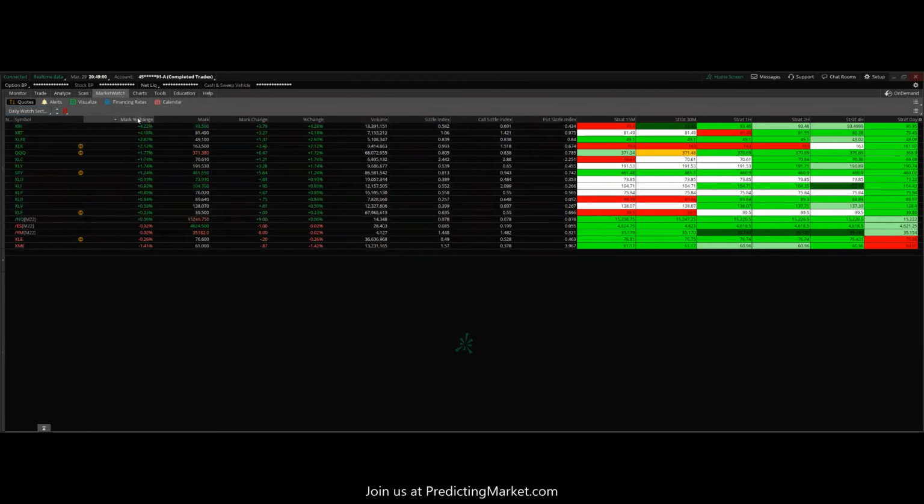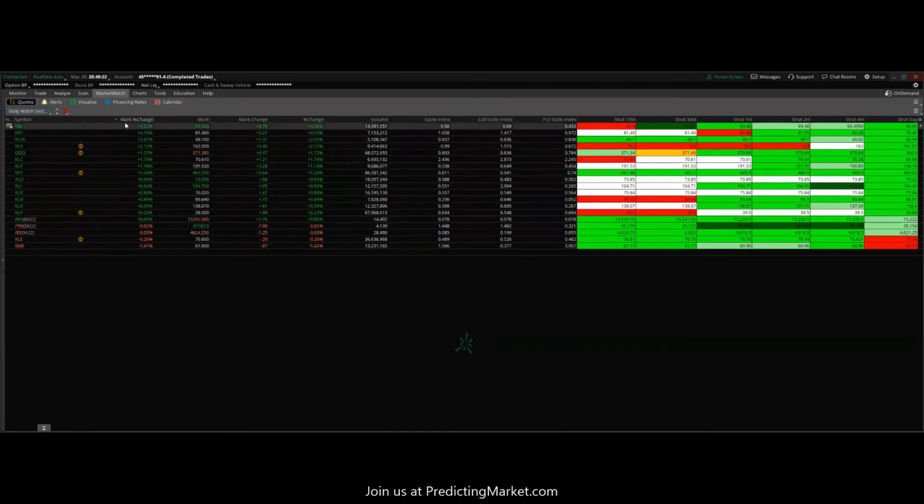In the pre-market, the percentage change will not work, because percentage only works during market hours. Mark percentage change shows the movement in the pre-market also.